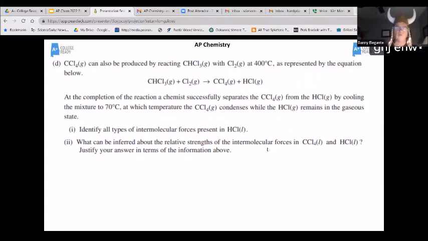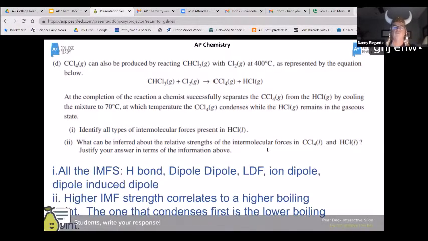So let's see, what do we remember about intermolecular forces? So these are the ones I remembered earlier today when I was doing this. Hydrogen bond seems like it's always the answer, but sometimes it's not. There's dipole-dipole, LDFs, ion dipole, dipole-induced dipole. Now, let's remember what those are real quick.